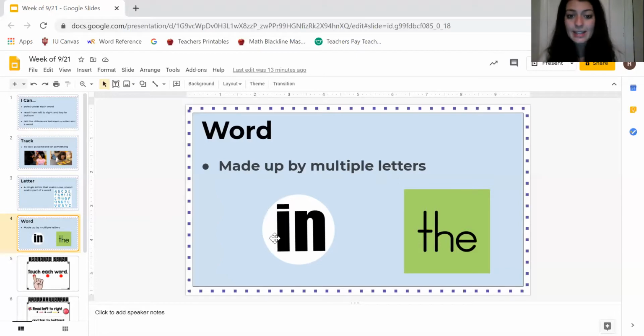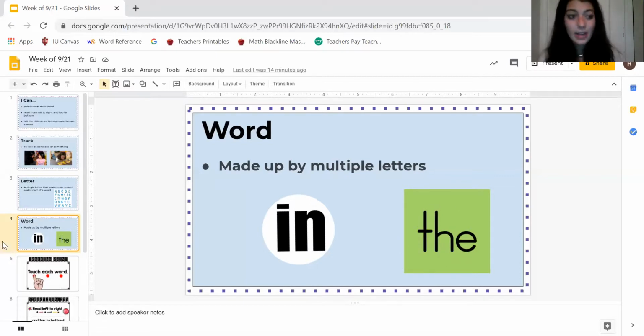It has the letter I and the letter N. And together, those are a word, the word in. This word is the word the. It is made with the letter T, H, and E. Together, those letters work to make a word, the.